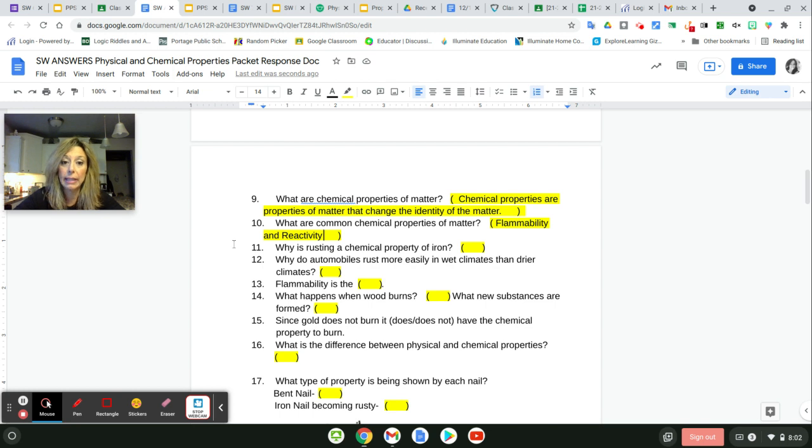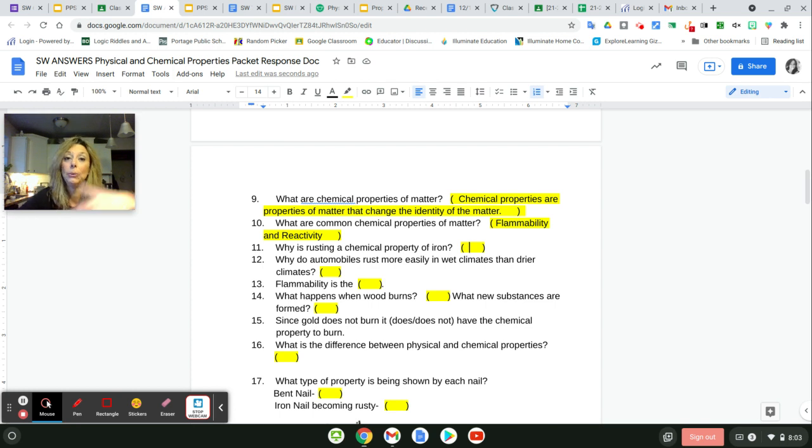Okay, so number 11, why is rusting a chemical property of iron? So you see like a nail that's been placed in water or is left outside and gets wet, and then when it dries, you see all of the rust kind of laying around that iron nail or just on the iron nail. So what's going on there? Why is rusting a chemical property of iron? Well, the rust wasn't there before.